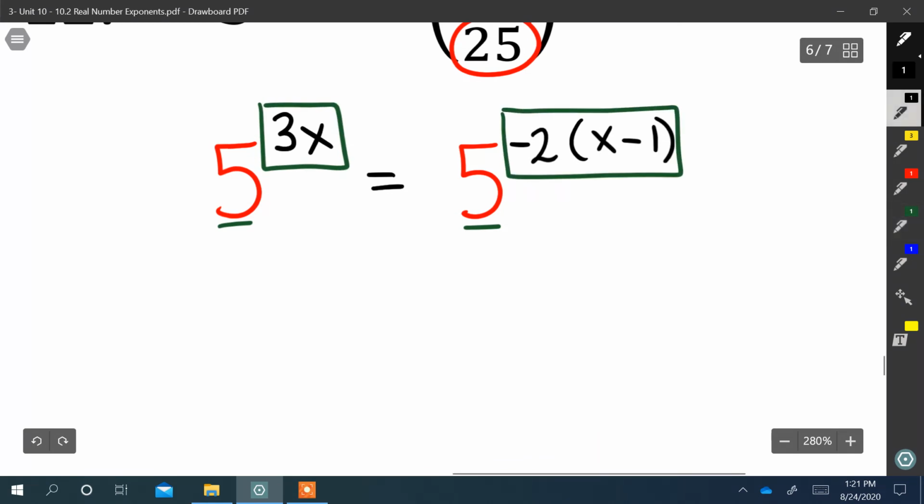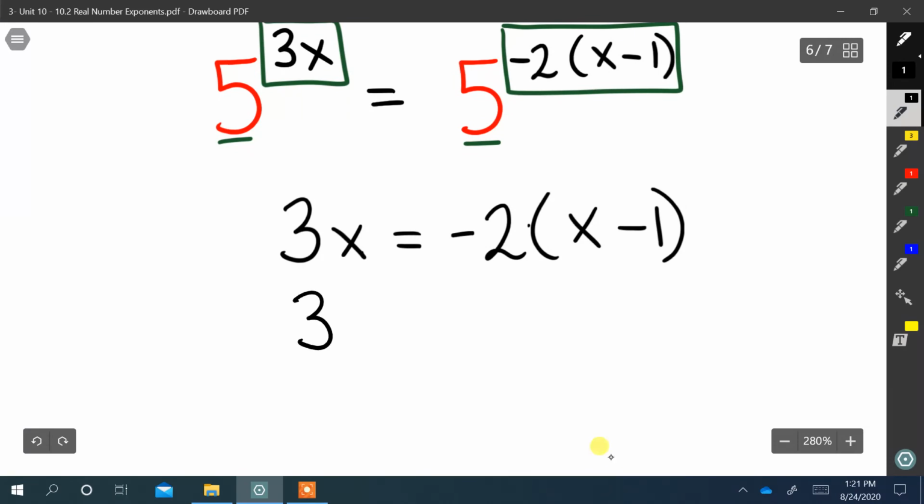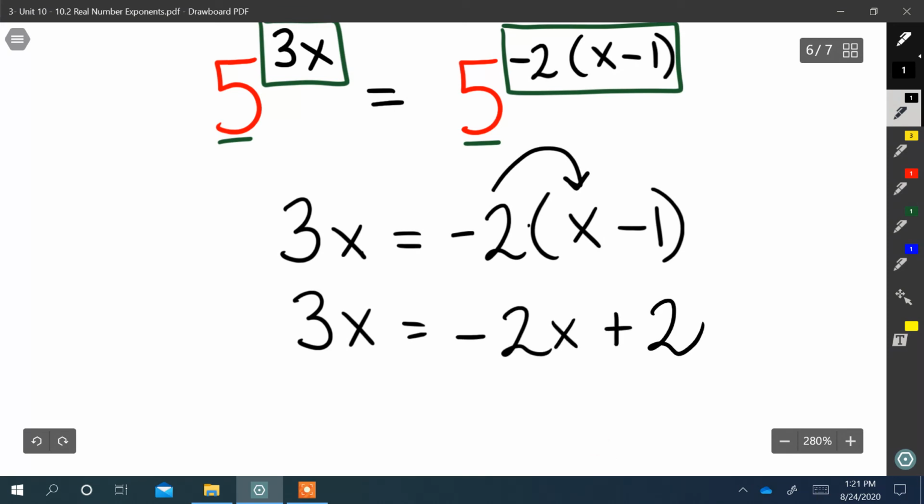So as you can see, now that we have the same base, I know that this will equal this right here. So that means that 3x is going to equal -2 times x minus 1. Let's go ahead and distribute now. I'm going to get -2x plus 2.